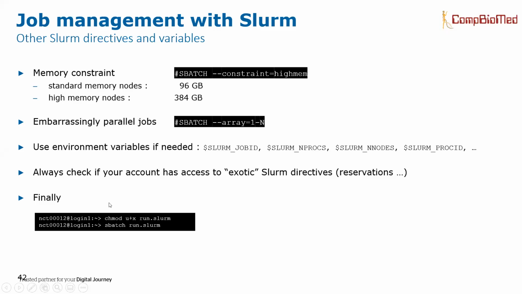And finally, when the time comes to submit the job, you need to make sure that the file is executable, using the chmod command that we have seen earlier. So you need to type in this command line, for example.